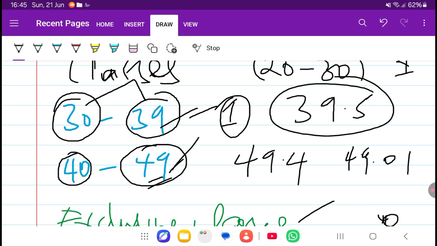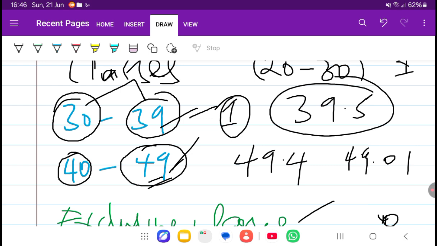So it depends on which class you are defining. But as a general definition, you can say it is the lower class limit of the next higher class, and it would be fine.